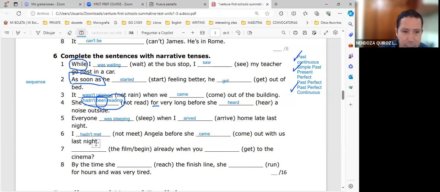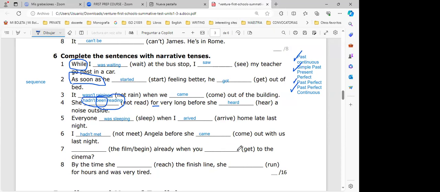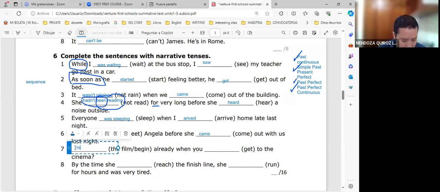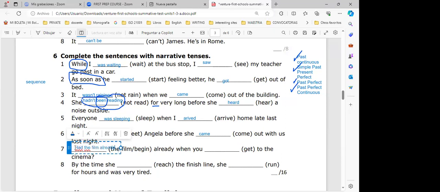Yeah, I'm gonna help you out. Here you need the past perfect only. Past perfect, this one, past perfect. And here you need the simple past. So it's gonna be had the film began already.